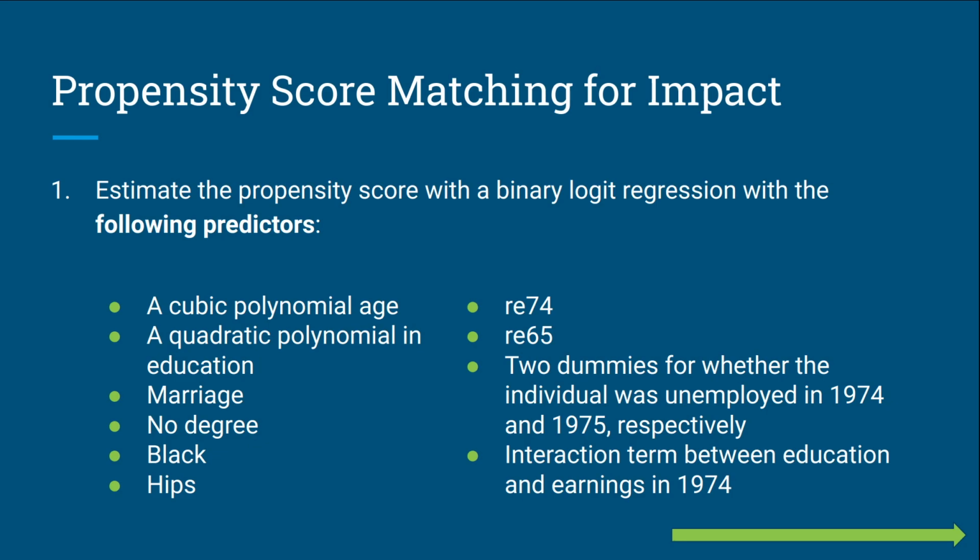So for the propensity score matching, we prepared a few variables. So we have a cubic polynomial of the age, a quadratic polynomial in education, and then a marriage variable, no degree, Black, Hispanic people, and so on. We combine that to form the equation for the propensity score matching.